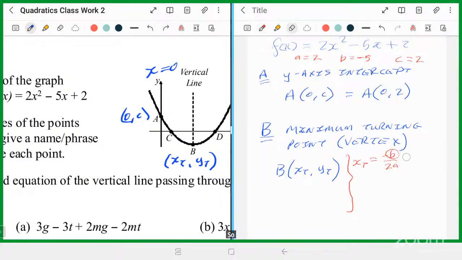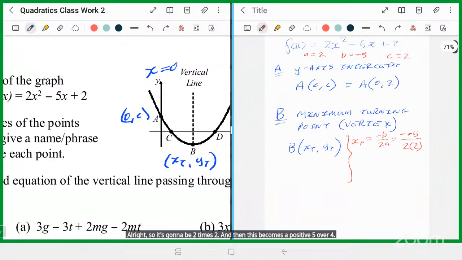So if we use this formula for xt now, we're putting down this minus first. That's this minus. And write equal. That's this minus is this one. And then the b now itself is a negative 5. So we're going to have to put a negative 5 for the b. And then this minus minus becomes a plus. We're dividing this by 2 times a. 2 times, and the a value right here is a 2. Alright, so it's going to be 2 times 2. And then this becomes a positive 5 over 4.